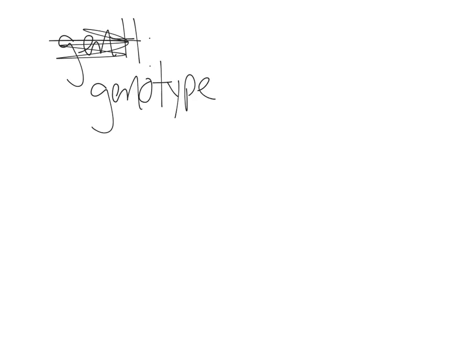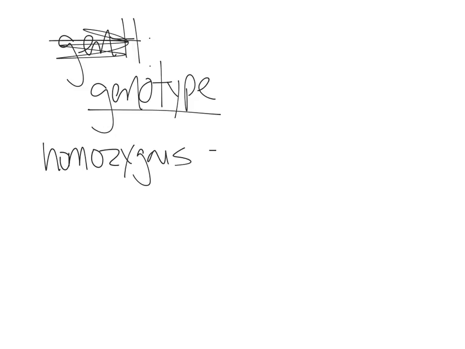Okay. We have two different types. Okay. We can have something that is called homozygous. Okay. Homozygous, and that is when the alleles are the same. Okay. Meaning homozygous would be for dimples, lowercase d, lowercase d. Both of these letters are the same.